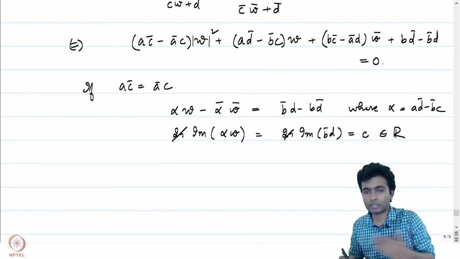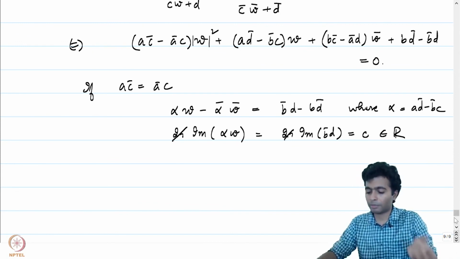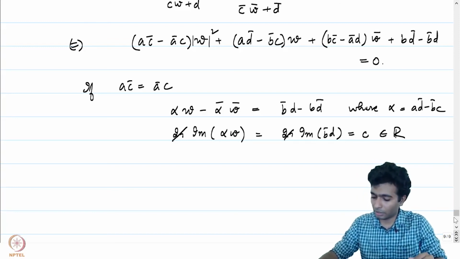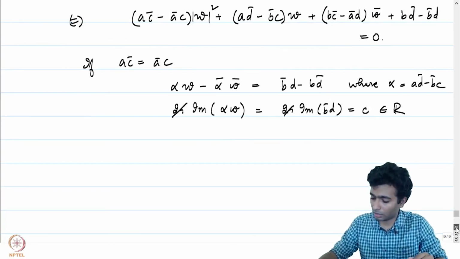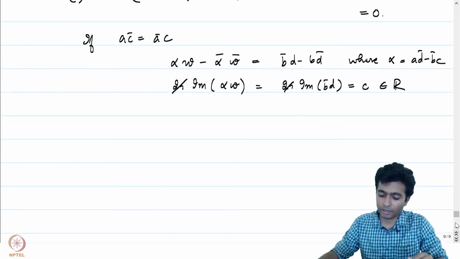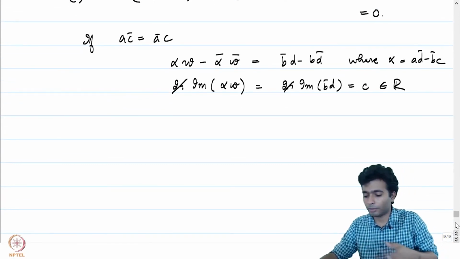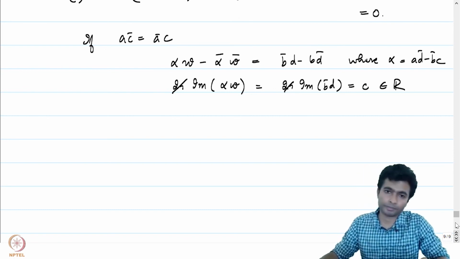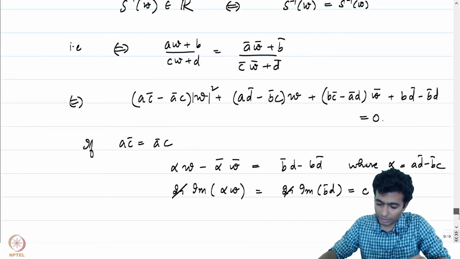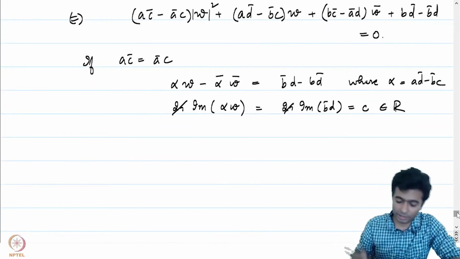So when AC̄ is equal to ĀC, it's mapped to a straight line. W will happen to be in the straight line given by the imaginary part of alpha W is equal to C. All right, that's the easier case when AC̄ is equal to ĀC.